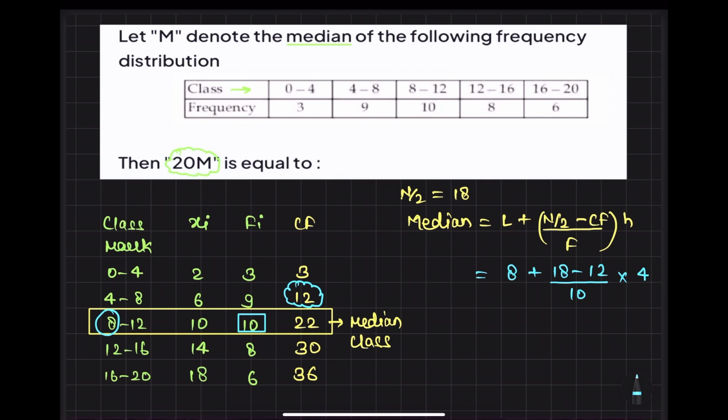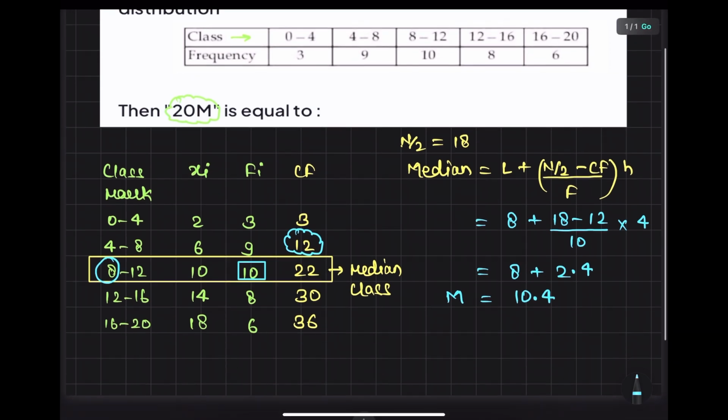So this is done. Okay, so now you can simplify things. So it is 8 plus, this is 6, right, 6 into 4 is 24, 24 by 10 is 2.4, then we have 10.4. So this is your M. Okay, we have to find out the value of 20M.